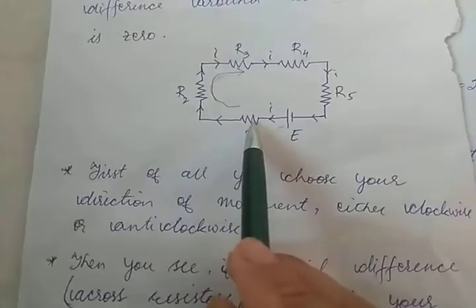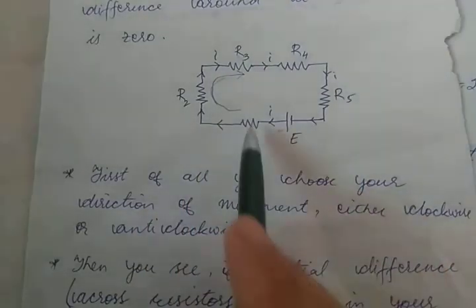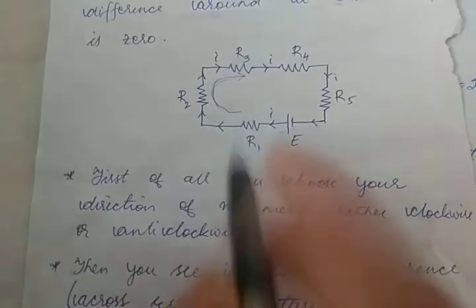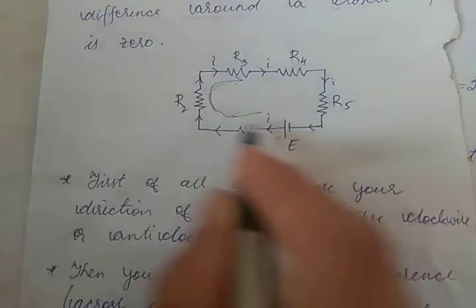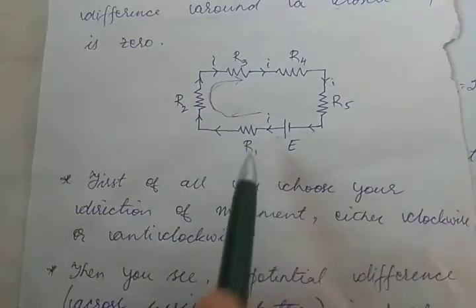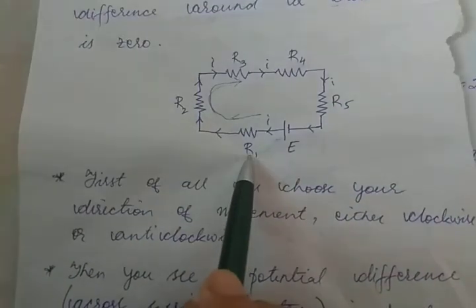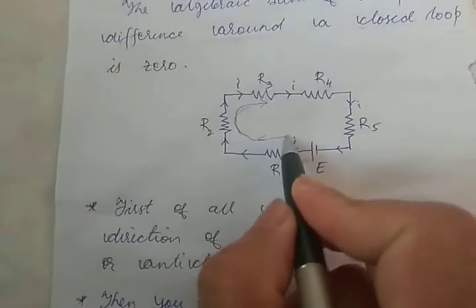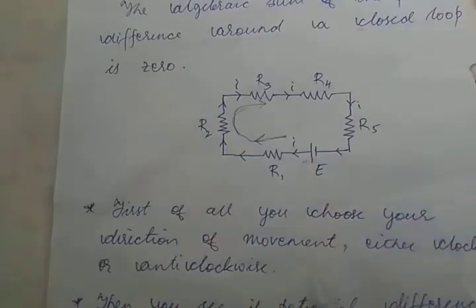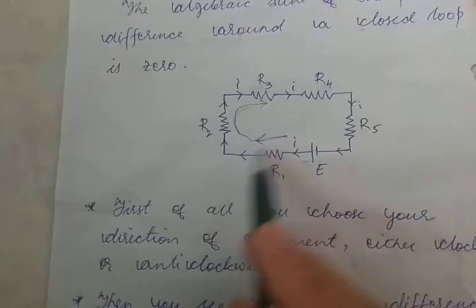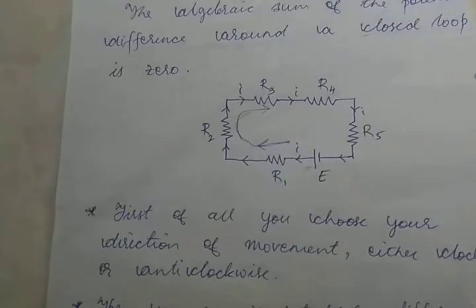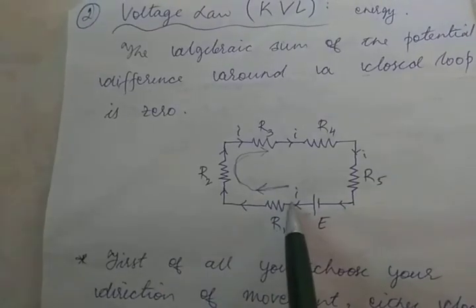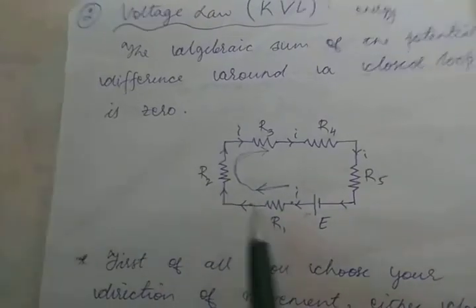Okay, see, we will deal with one resistor at a time, one component at a time. Okay, so let us first start with this. We are choosing clockwise direction of movement around the closed loop, and we first encounter this resistor R1. Now we are moving in this direction, and we see current is flowing in the same direction here. But we know current always flows from a higher potential to a lower potential.